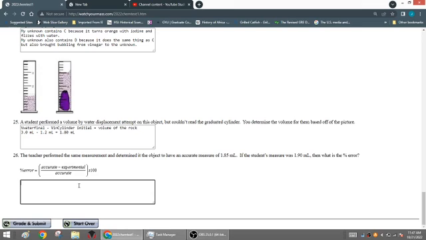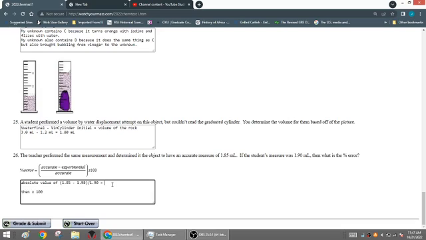So the accurate value was 1.85 minus 1.90, and let's put those in parentheses and divide by the accurate, take the absolute value of all that, and then times 100.